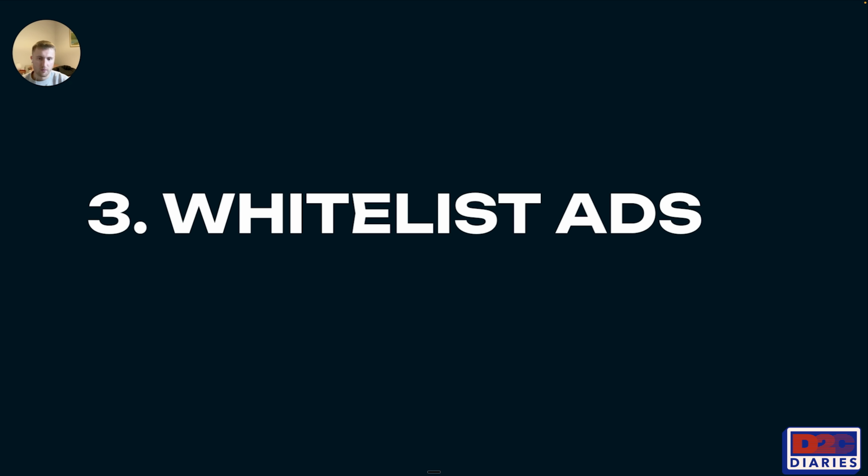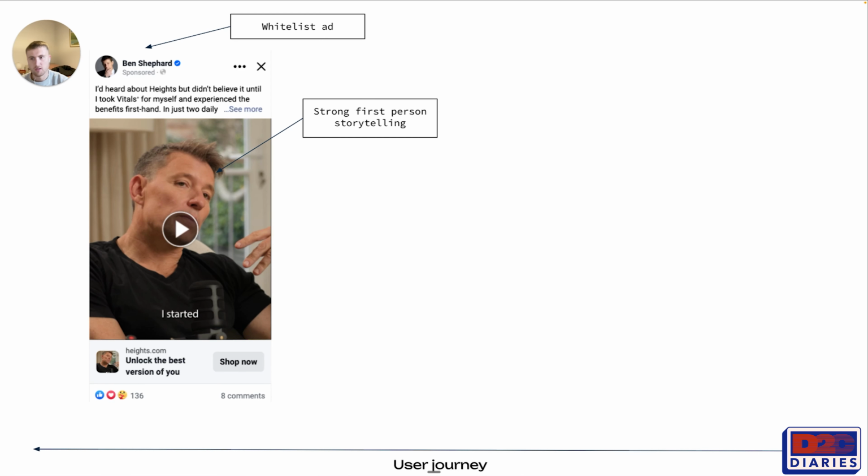And then thirdly, I wanted to touch on the whitelist ads and show a great example of that, which is this Ben Shepherd example from Heights. You can see the identity there. This asset is done through the lens of storytelling about Ben's experience with the product and how he's gone from a before state to an after state, how he's gone from a position of pain to a position of outcome and benefit with their product.